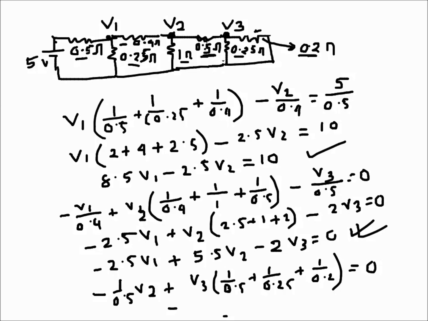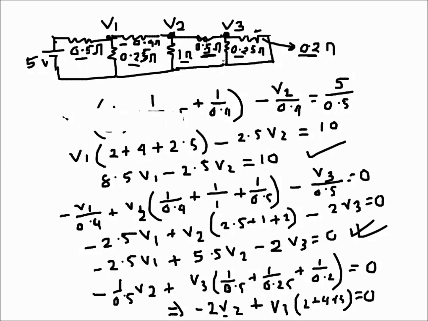So again the last one is this one, so minus 2 V2 plus V3 times (2 plus 4 plus 5), which I can write as 11. Anyway, I will erase this part.